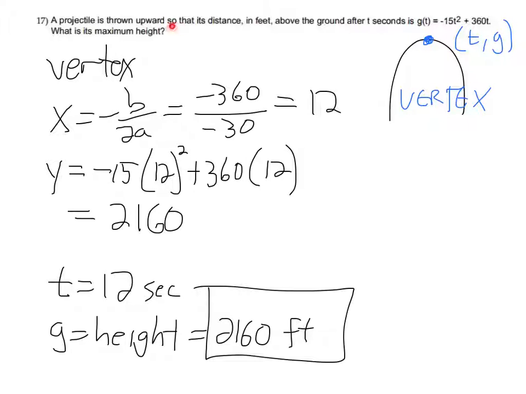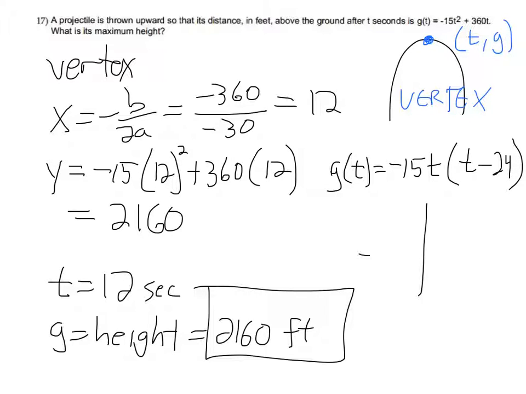Sometimes they'll say, when does the projectile reach its maximum? And then we would say 12 seconds. This is probably the fastest way through this problem. Now if you find yourself understanding factoring really well, you can also factor this problem, factoring out the negative 15 t, then you would have t minus 24.